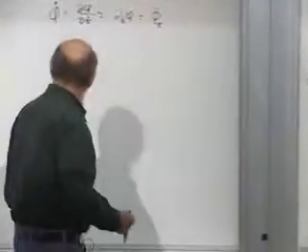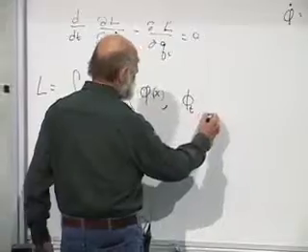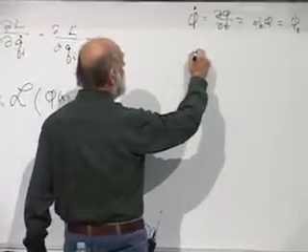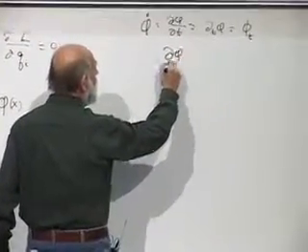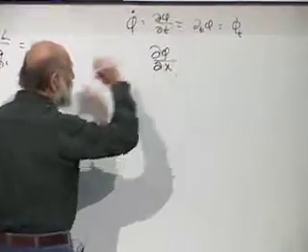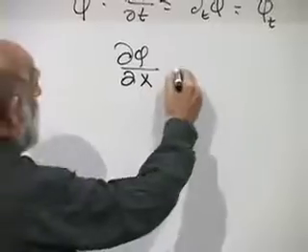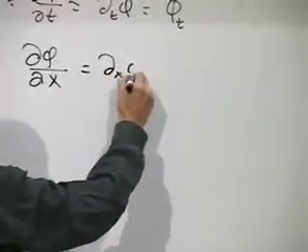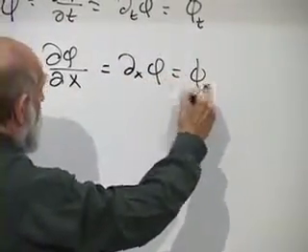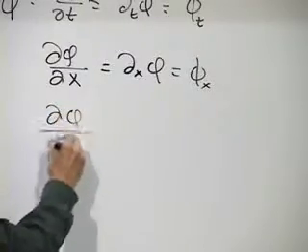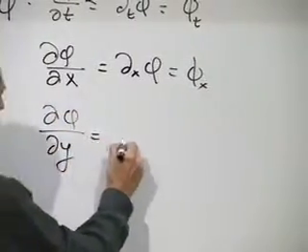That translated into something involving derivatives of phi with respect to spatial positions. So we could have dx phi equals phi x. We can also have d phi by dy and so forth.